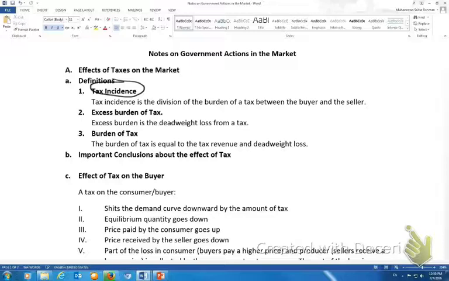The other discussion that we are going to be having concurrently is this idea of an excess burden of tax. So let's look at the definition first.